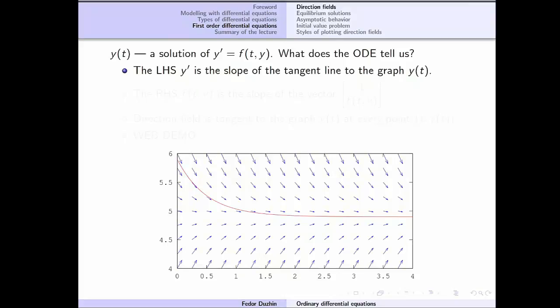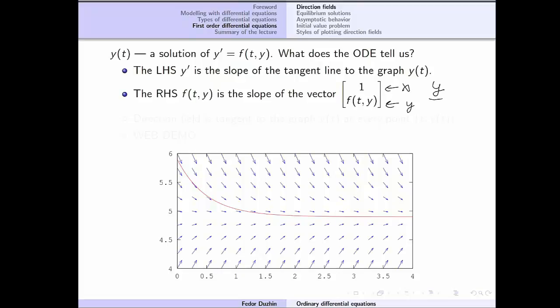So if we plot the graph of the function y of t, then y prime is the slope of the tangent line. But at the same time, the slope of a vector is its y component divided by its x component. So if the x component is 1 and the y component is f, then y over x is precisely f of t, y.